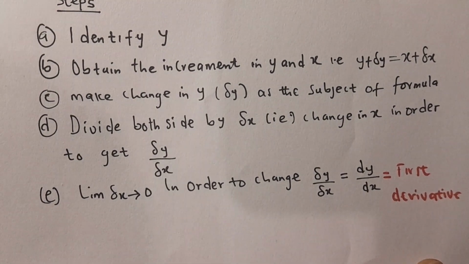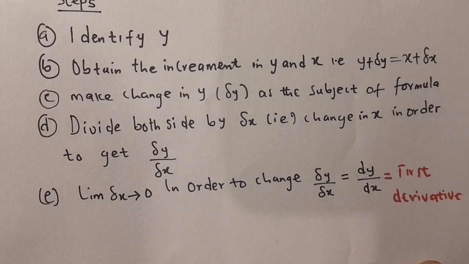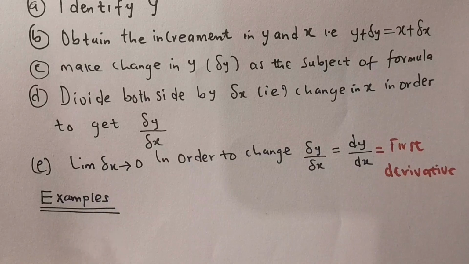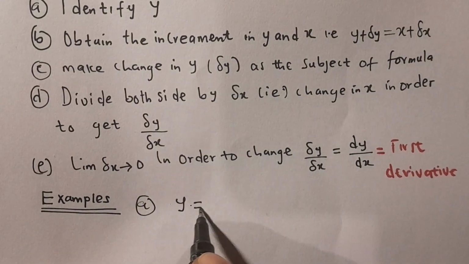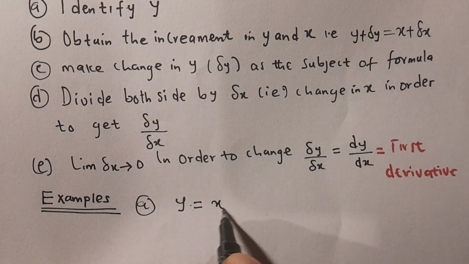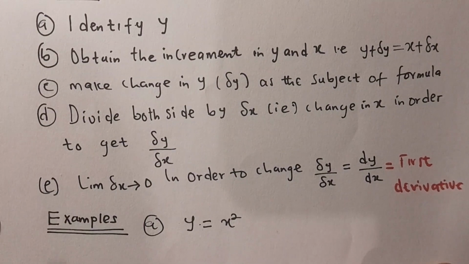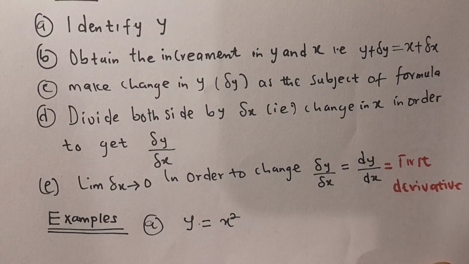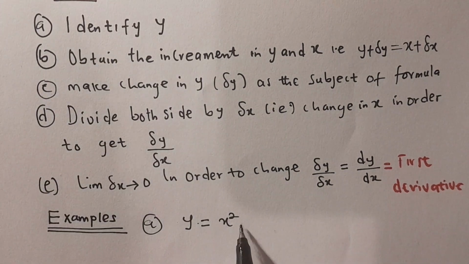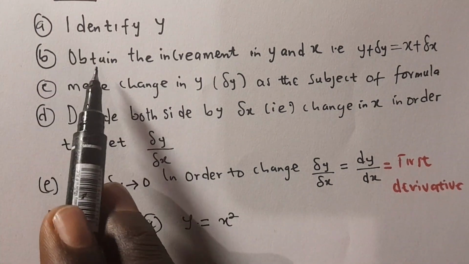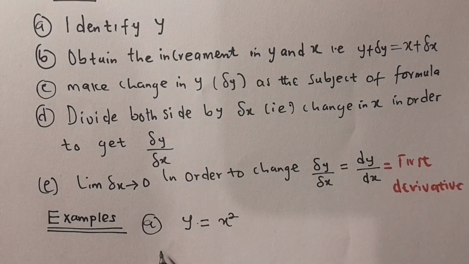So therefore, let's see an example. For example 1, when you have y equals x squared, and you want to apply the first principle, the first step says we need to identify y. We've identified y. The second is to obtain the increment in y and x. That is, we need to make an increment here.